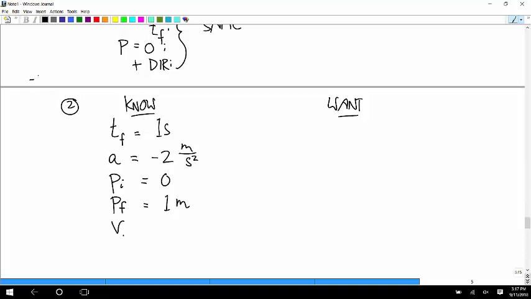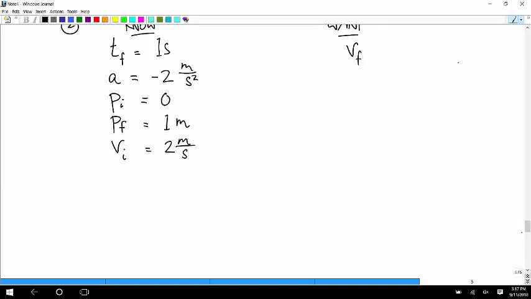The initial velocity is 2 meters per second. And we want to calculate the final velocity. So you have to use the, yeah, some of you could do this in your head, that's right. Oh, I see what you mean. Yeah, because you know it's 1 second, and yes, that's right.